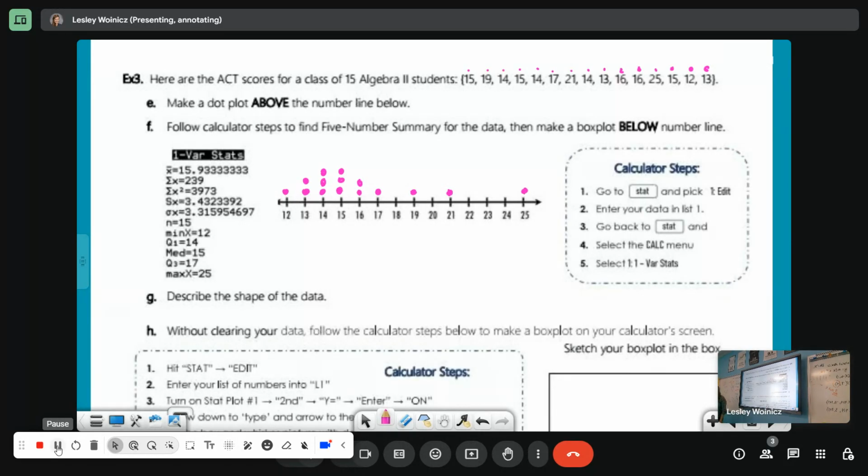Yep, this needs a title. So this is going to be our ACT scores for 15 students.